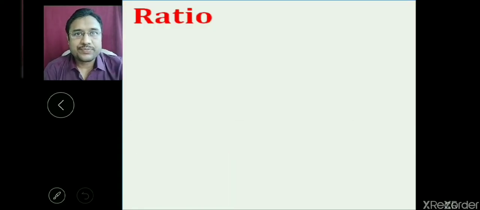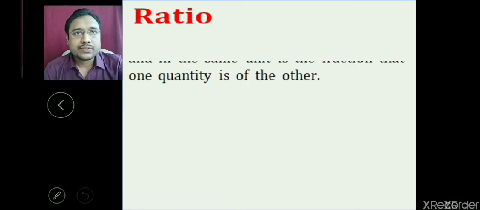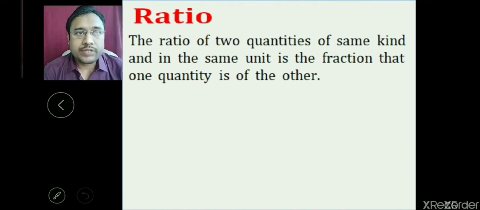Ratio. What can we understand from this term ratio? The ratio of two quantities of the same kind, always we are finding the ratio of the same type of physical quantity.